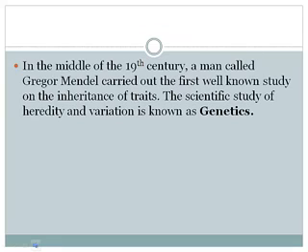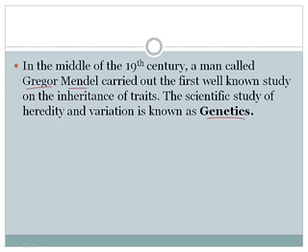In the middle of the 19th century, a man called Gregor Mendel carried out the first well-known study of inheritance of traits. The scientific study of heredity and variation is known as genetics.